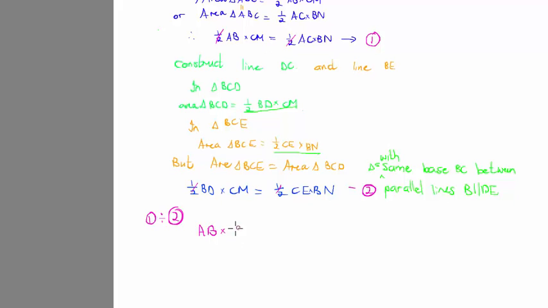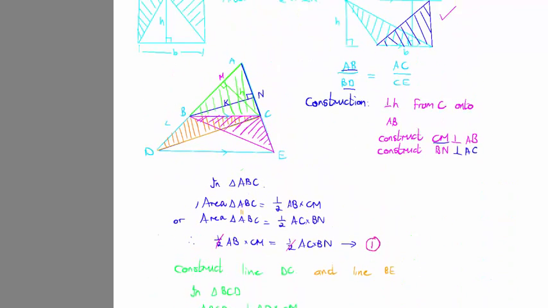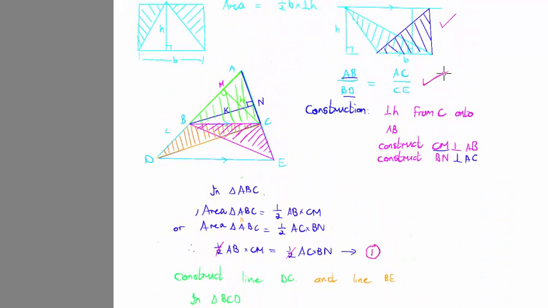AB times CM divided by BD times CM is equal to AC times BN, I'm taking the right hand side now, divided by CE times BN, and now you simply cancel. And there you've proved that AB divided by BD is equal to AC divided by CE, which is what we wanted to prove. Okay.